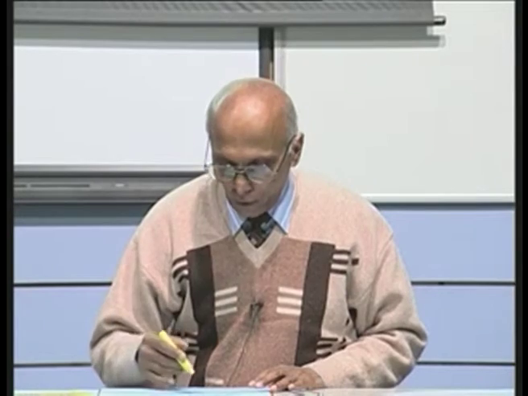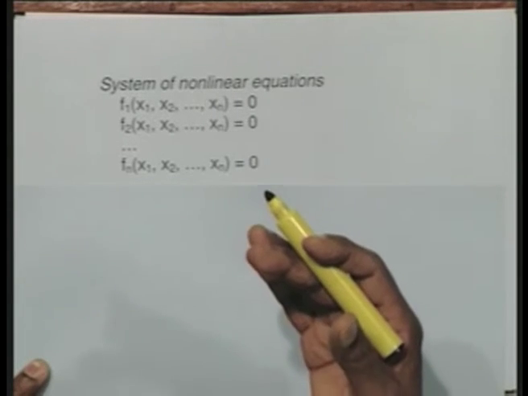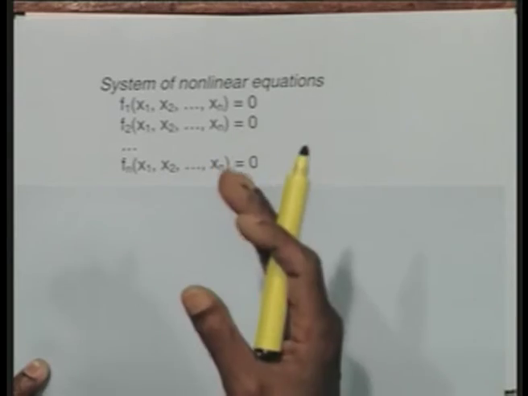Now, one comment before we give the method is that we have already seen that if the Newton-Raphson method is to converge, it is necessary to have some good initial approximation. We cannot be very far away from the exact solution of the problem. The discussion becomes more important in the case of a system of nonlinear equations, wherein let us say you have 10 variables, and if one or two variables you have given very accurately, but other variables you have given very far away from the exact solution, by the time those have been modified, the solutions which are close enough could be spoiled.